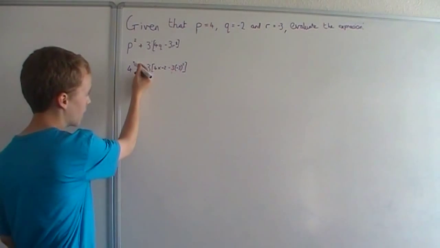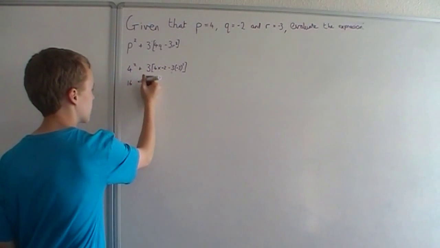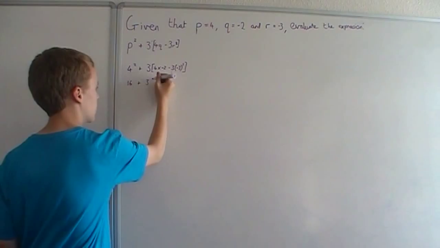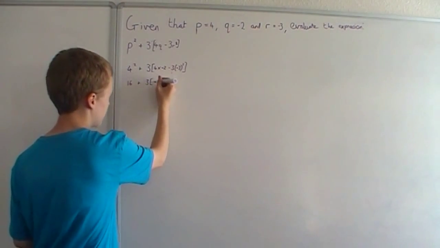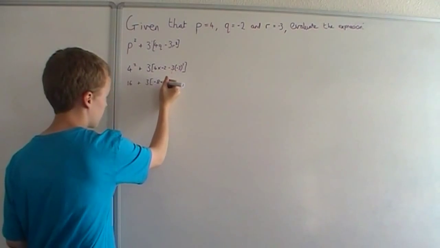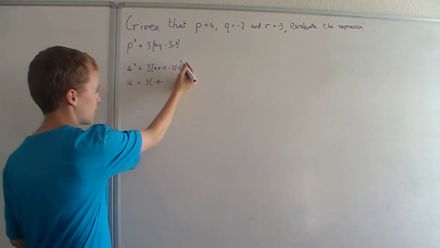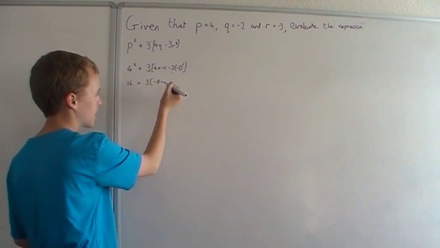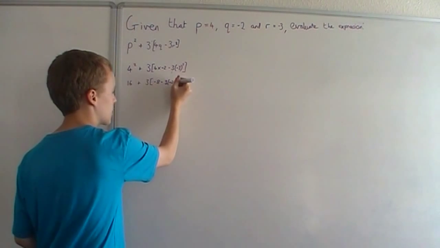So 4 squared just means 4 times 4, so that's 16. 4 times minus 2 is minus 8. And minus 3 cubed is minus 27. So it's minus 3 times minus 27.